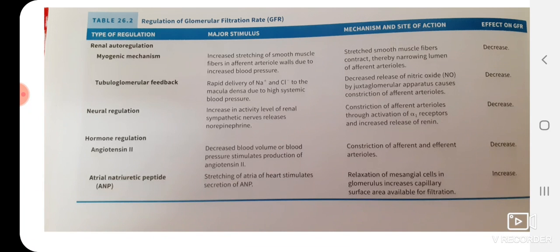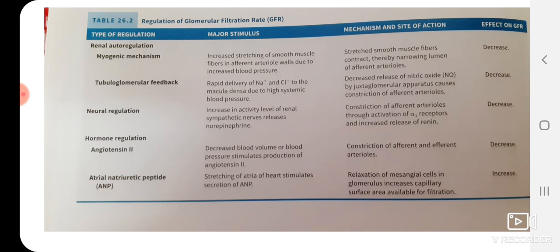Understand this? This we studied very nicely in the previous slides with diagram notations. Okay. So tubuloglomerular feedback. This is the feedback mechanism. There is rapid delivery of sodium ions, chloride ions, and water to the macula densa cells of the renal tubule.